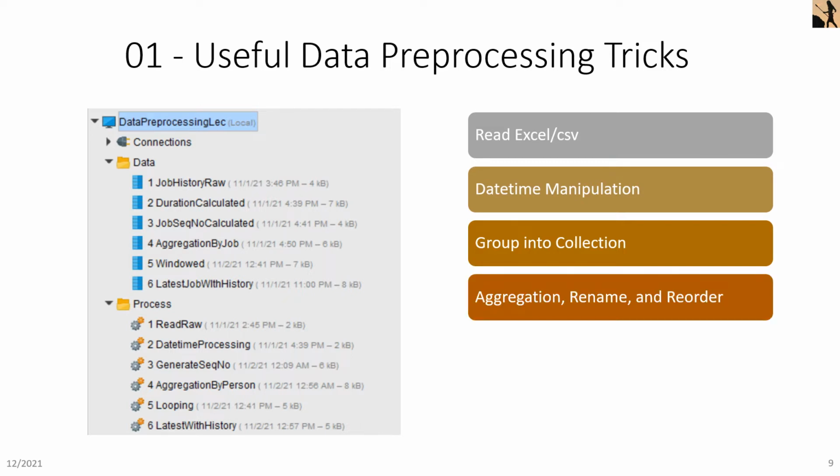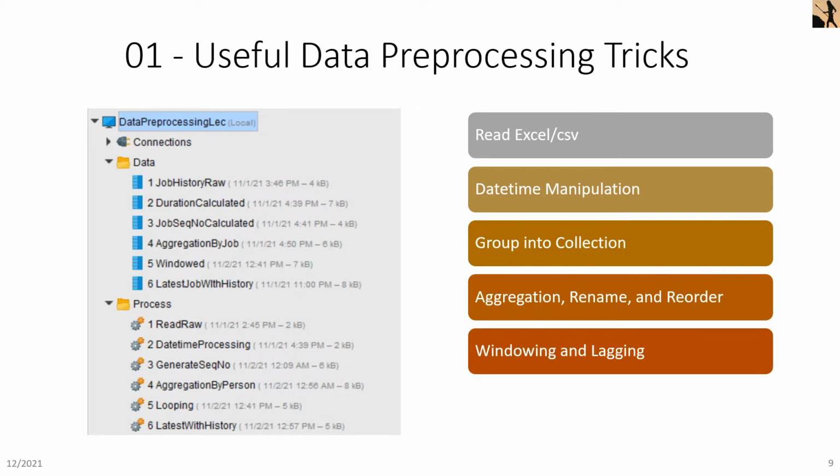We can also do some aggregation, and the renaming operator is particularly useful to rename the system generated aggregation column names. And we probably have to practice some of this regular expression so as to handle these particular tasks well.